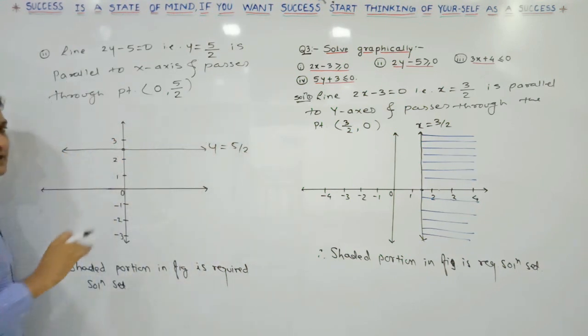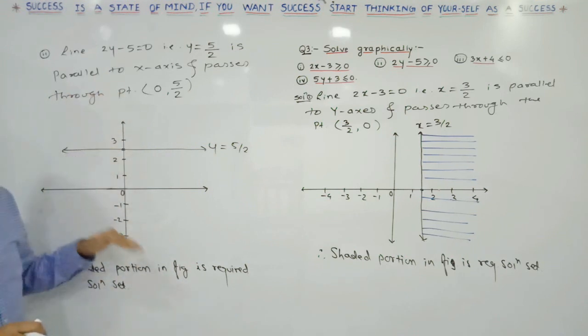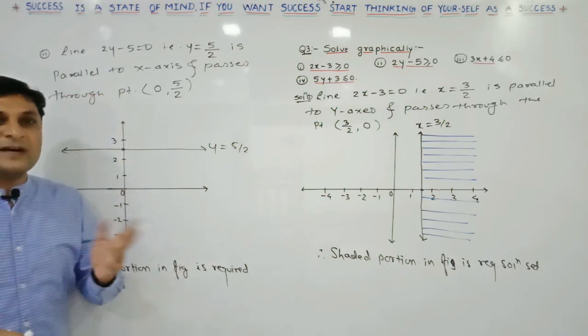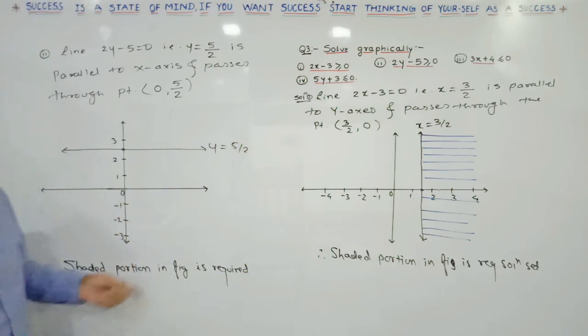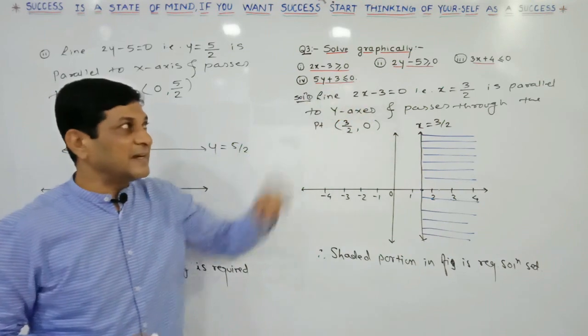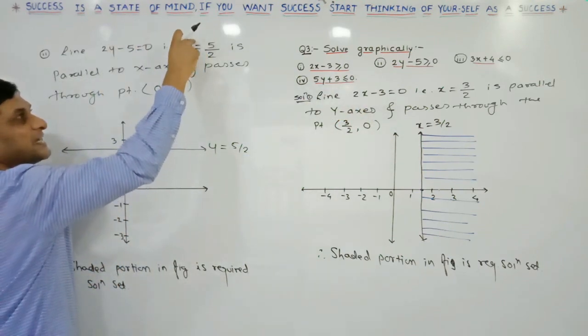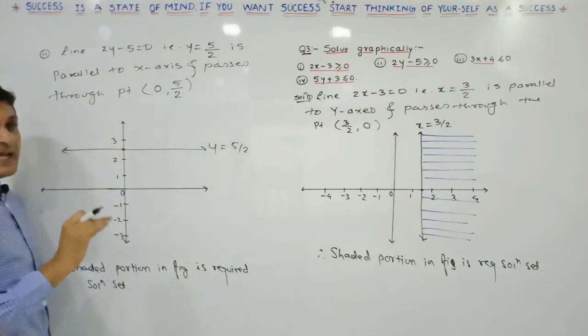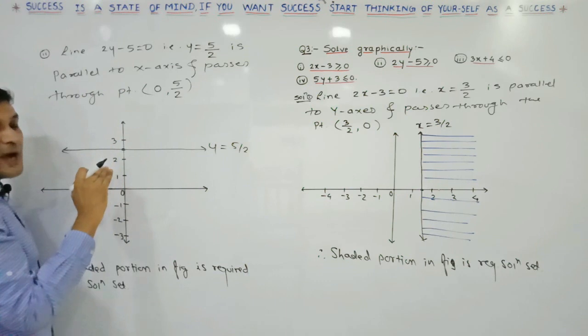Once the line is constructed, we know that this line divides the plane into two half planes. Now which half plane will be our solution set? That depends on the inequality. If you observe this example, the inequality is greater than. So here greater than is there, which means here also we get greater than. The value of y is greater than 5 by 2. And on this side, the value of y is what?